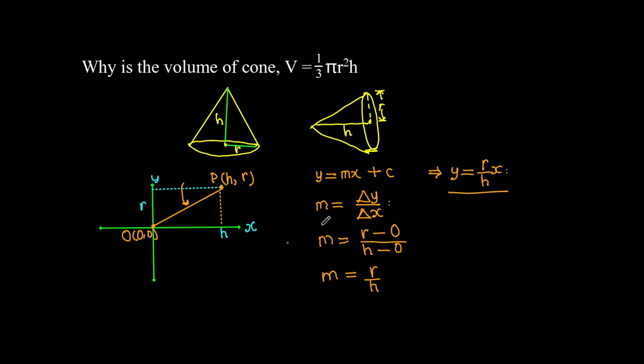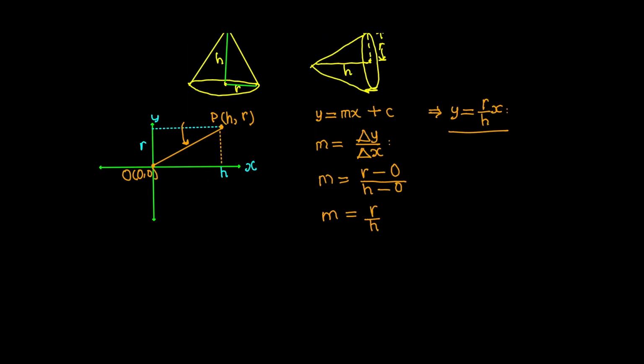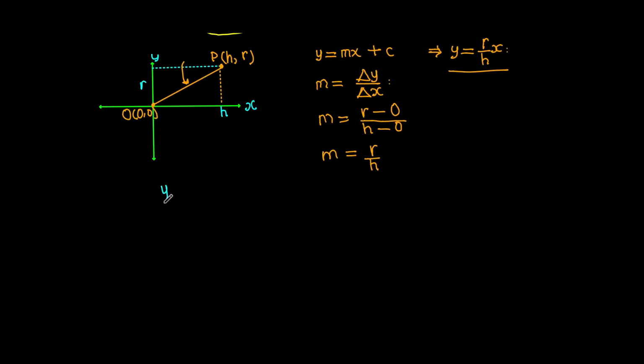Now, if you are curious, you can also use the other approach of getting the equation of a line, which is y minus y1 equals m times x minus x1, where x1 is h and y1 is r.